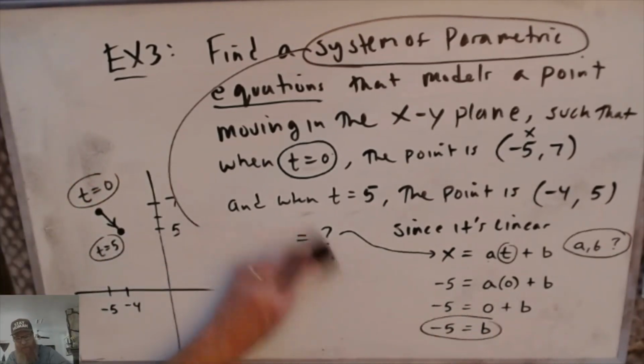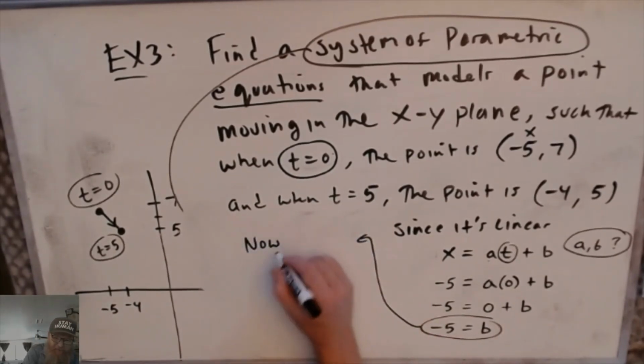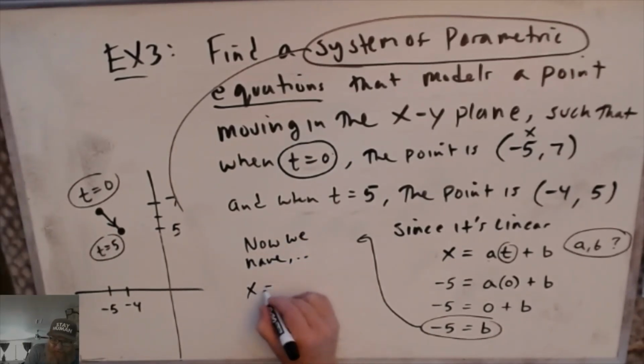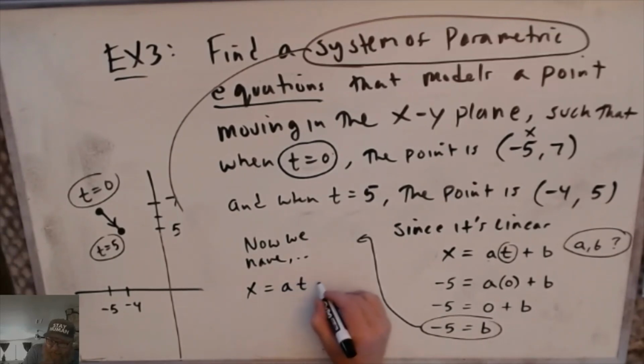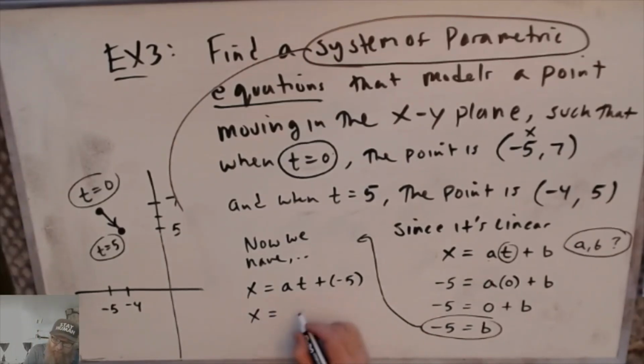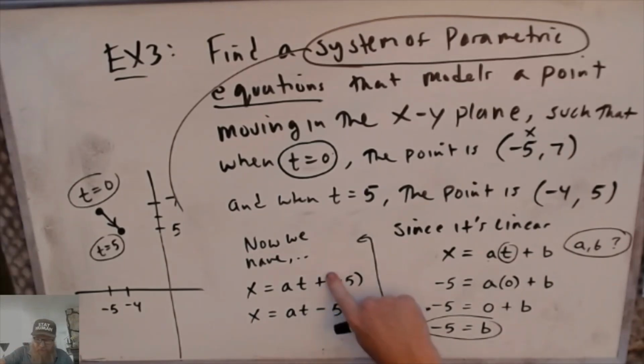I need to use this space here. So now I know that b is negative 5. So now we have x is equal to at plus negative 5. I still don't know who a is. I typically write at minus 5 instead of plus negative 5.